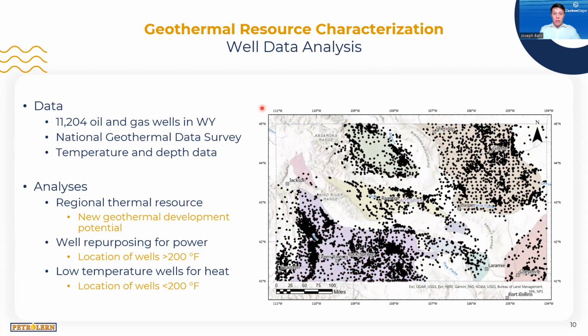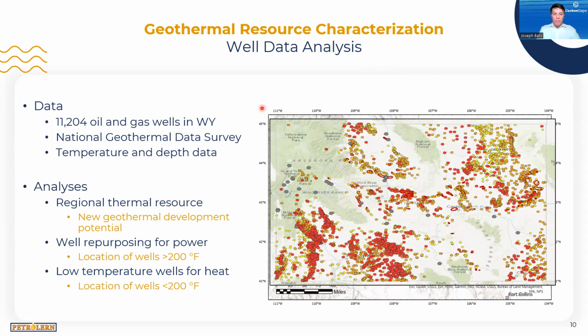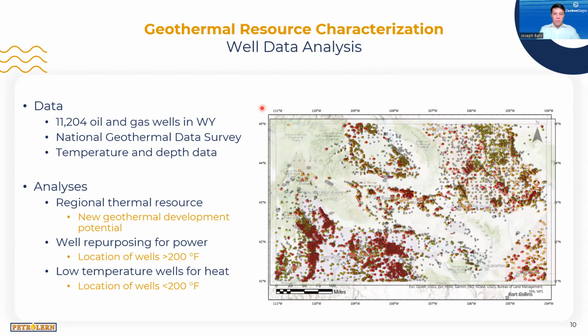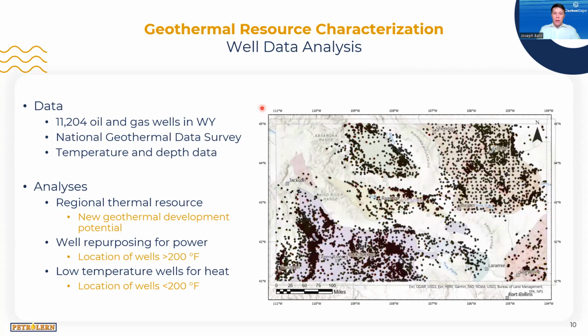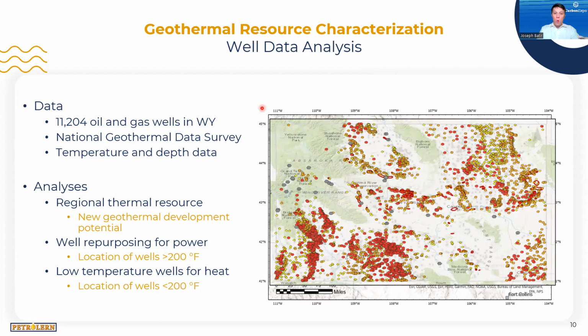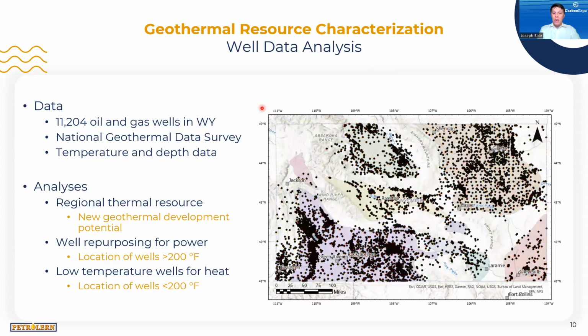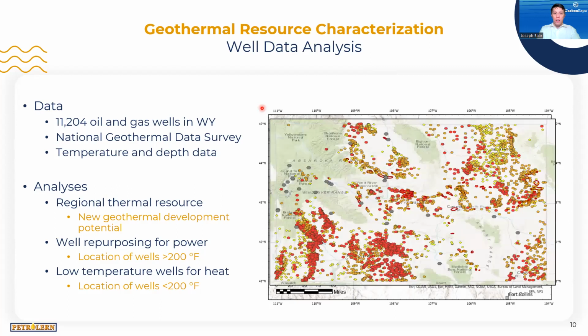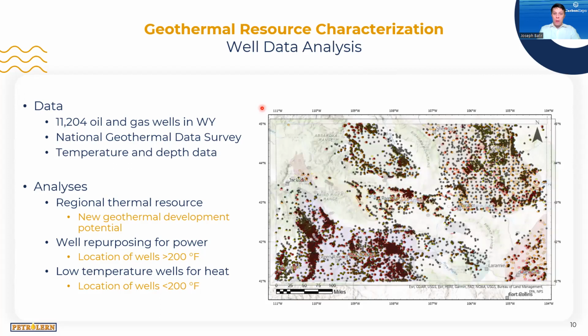Now here is the map of all of the data in the National Geothermal Data System. I'll go back and forth. Notice that there are quite a few wells that are not in this Wyoming map that are in the database.